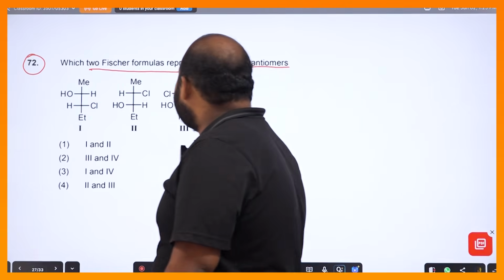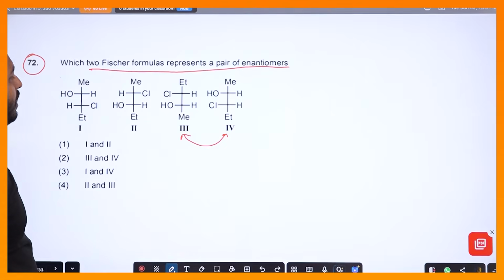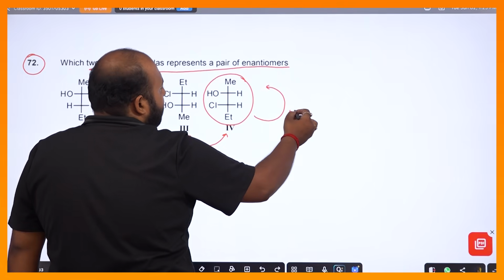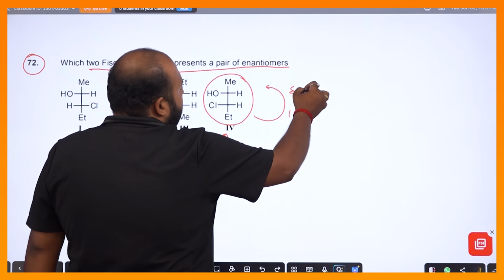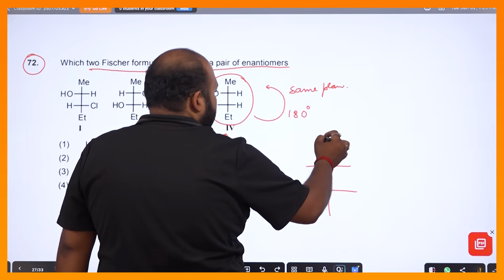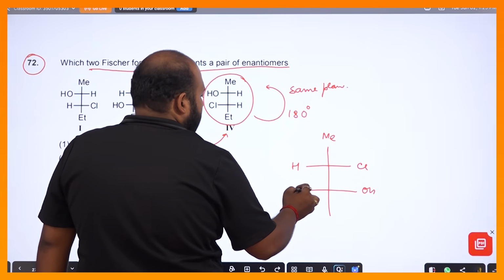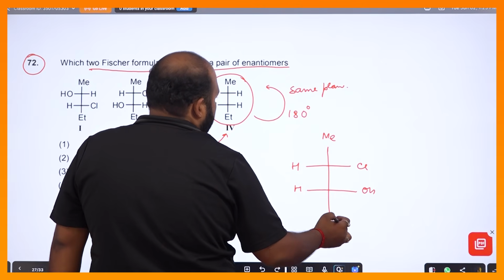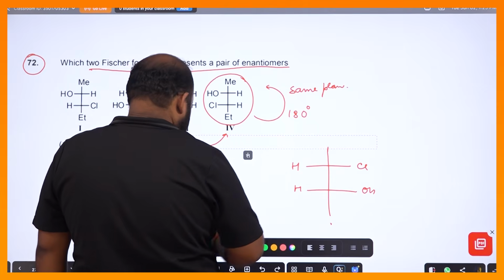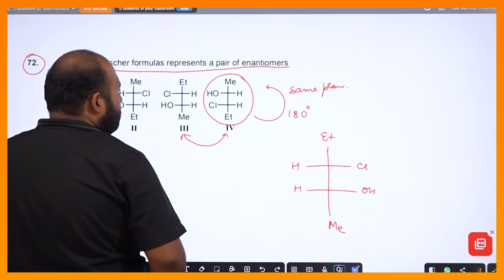So let us check. Option 3 and option 4 in this case: if you flip this part 180 degrees, keeping it in the same plane, it will become this.